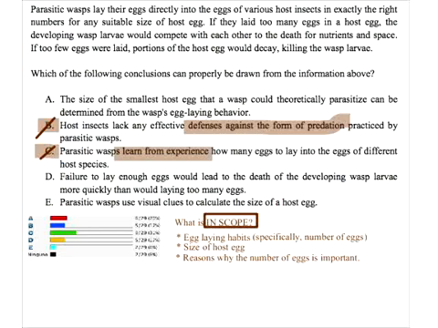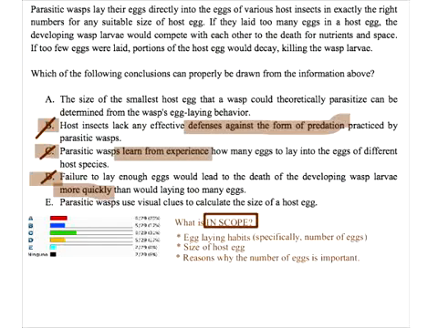The speed with which these things happen, again, not in the passage. Like basically laying too many eggs is bad, laying too few eggs is bad. They both kill the larvae, but we don't know which one kills the larvae faster than which other one does. So we don't have that.